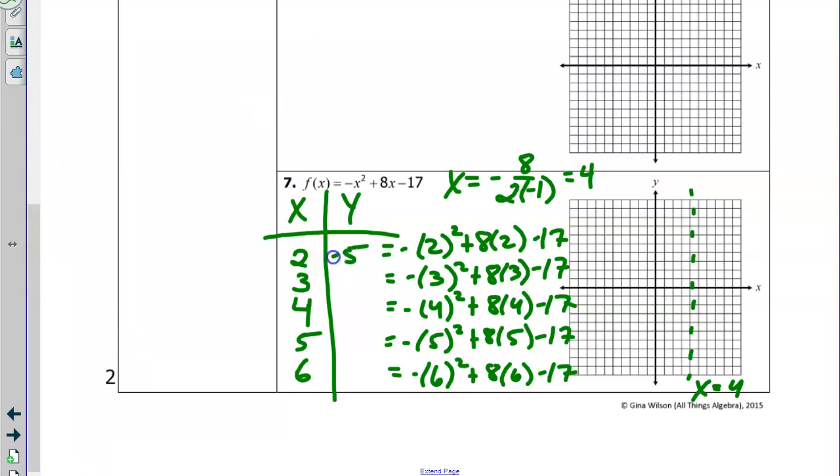You get the same thing for 6. How about 3 and 5? What did you guys get? 3 and 5 are negative 2. And then 2 and 6 are negative 5.